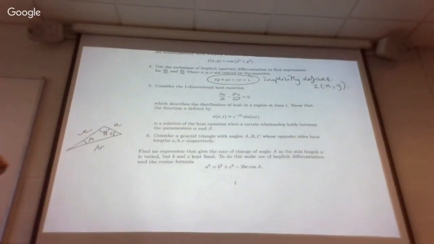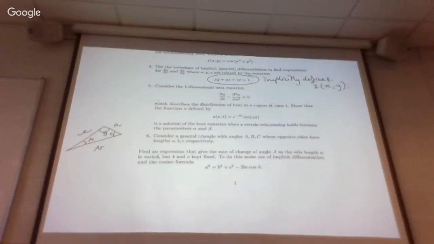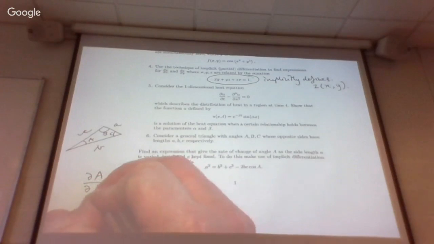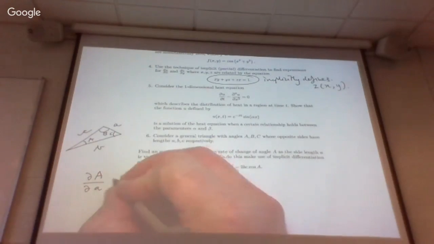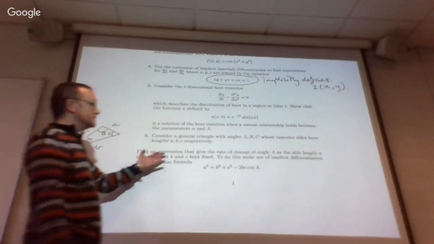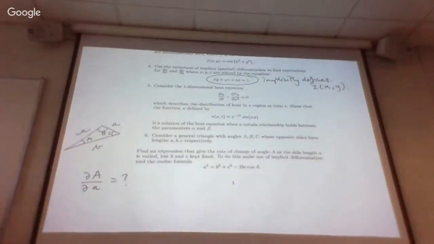Well, what's the relationship? Find the rate of change of the angle A as the side length varies. So really what we're looking for is dA/da. How can we get that? We get it via implicit differentiation and this relationship from the triangle, which is of course the cosine formula, which relates the side lengths a, b, and c and this angle here.